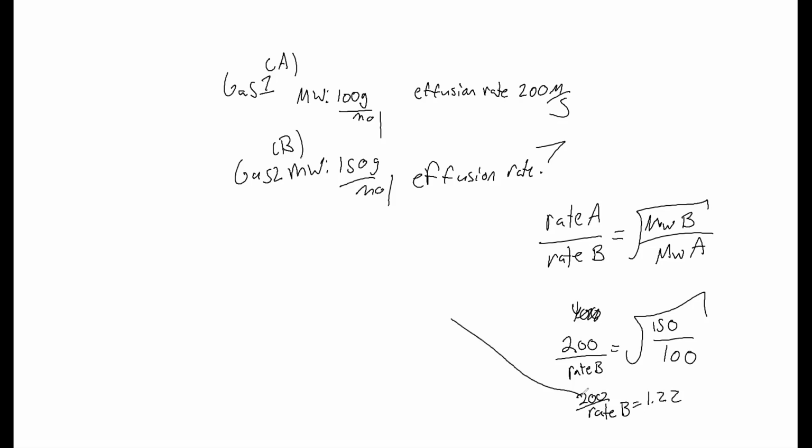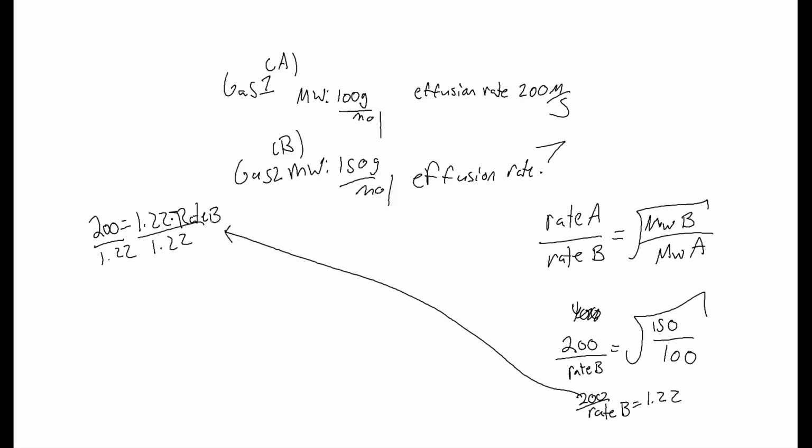I'm going to continue this over here to give myself more room. I multiply the variable rate B by each side of the equation, and I get 200 equals 1.22 multiplied by rate B. Then I divide each side by 1.22.